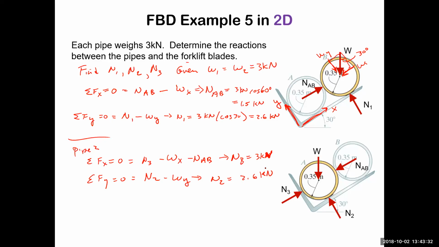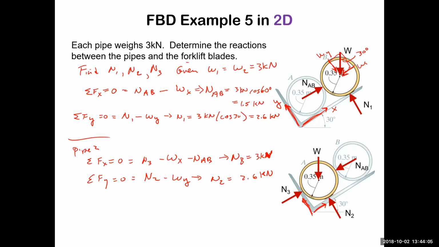Okay, that's it. Yep, question? Yeah. Because the axis is tilted, we have to resolve W into the x and y axes that we've angled like this. It just makes it easier to solve. If you don't do that, you're going to have a more complicated system of equations.